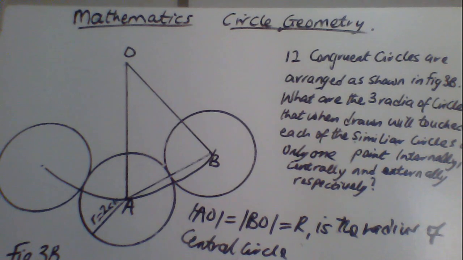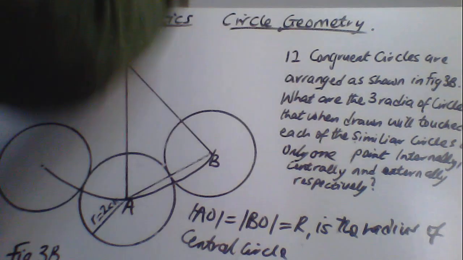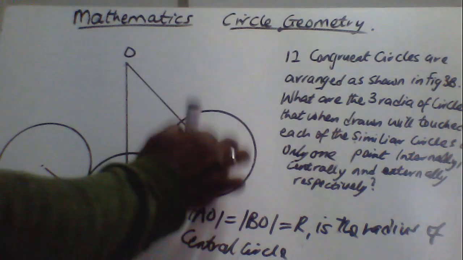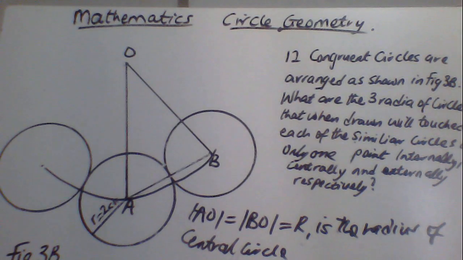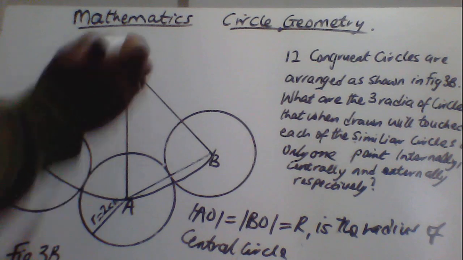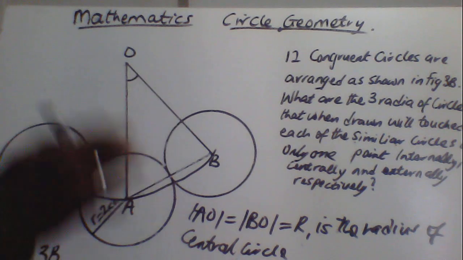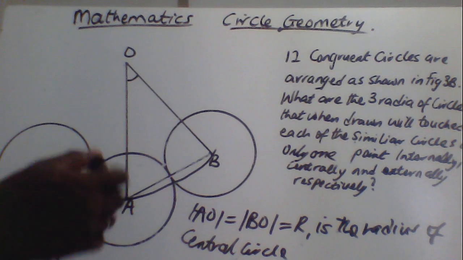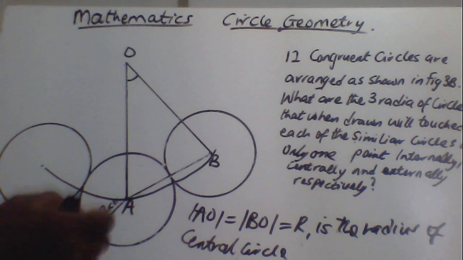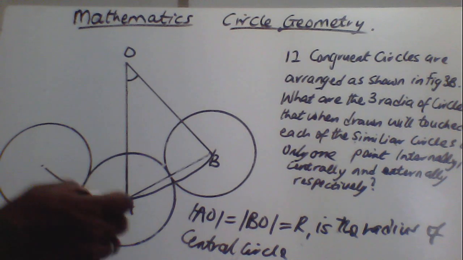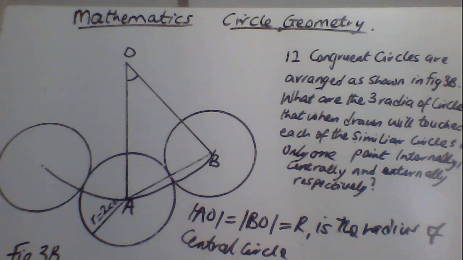Because we are told that there are 12 of them, we keep adding and they form a circle. There are 12 congruent circles. Congruent means they have the same property. Now we have gotten this. What we need is to find this angle here. Because there are 12 congruent circles, there are 12 triangles of type AOB that will be formed.